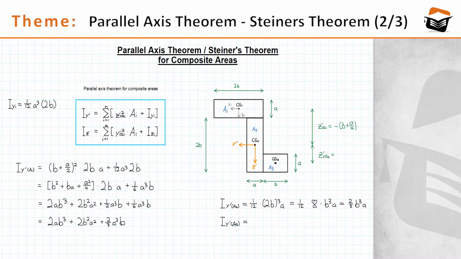Okay, the distance between the centroid of partial area 2 and its bottom is b, and you have to subtract half of the height of the third partial rectangle to arrive at z prime cg3. b minus a over half, and even if you're very picky about the algebraic sign, it's going to be positive because the distance extends in the positive z prime direction.